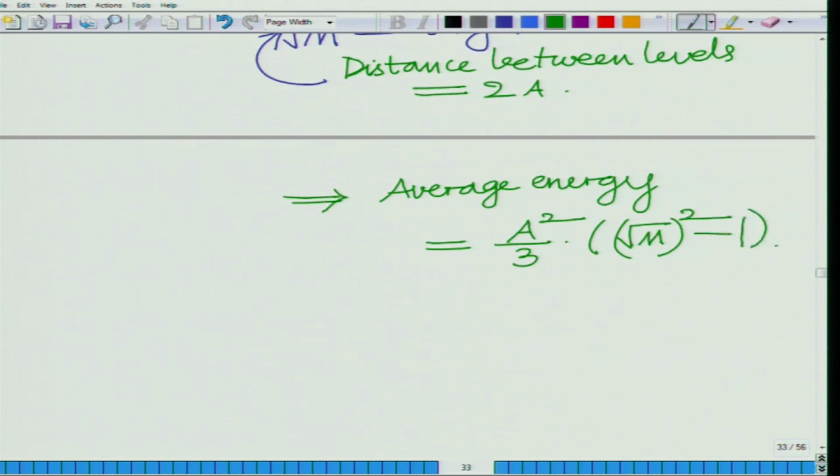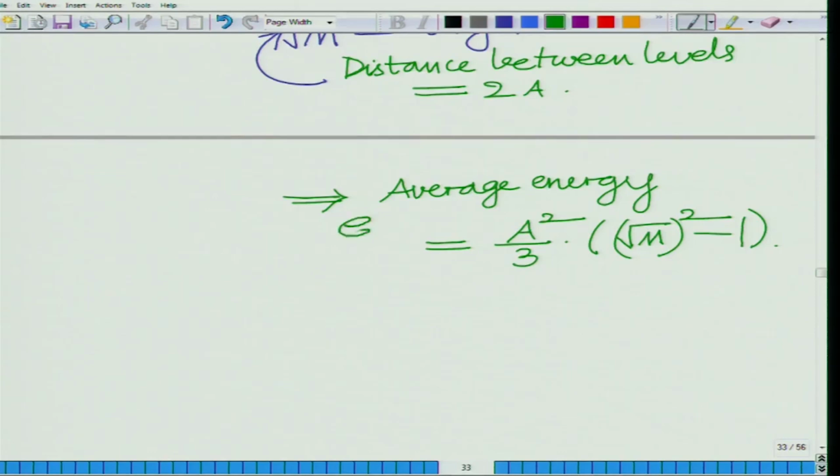Now, remember, when we had M-ary PAM, the energy was a square over 3 times (M square minus 1). However, here we have a square root of M-ary PAM, therefore, the average energy for each constituent PAM is a square over 3 times ((square root of M) whole square minus 1), which is basically M minus 1.